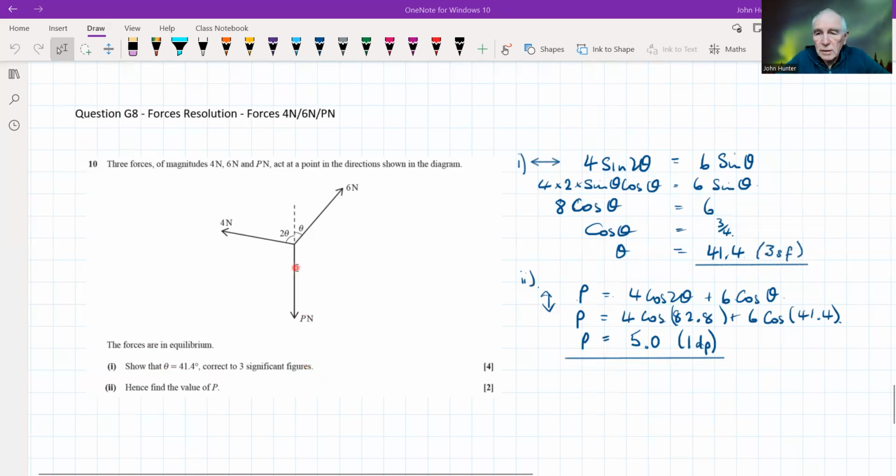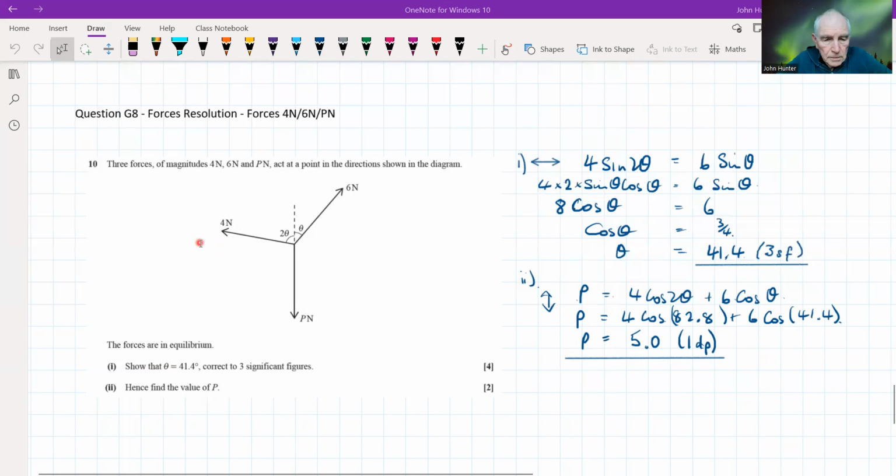Now, usually on here, I would say draw a forces diagram, but there's really nothing else to add to this one, if I'm honest. So I think we can run with this diagram. So let's have a look. We've got two things to find out: the value of P, and the angle theta.